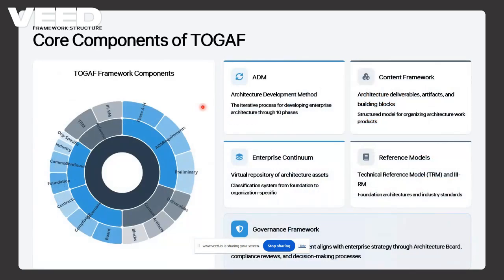Now here are the core components of TOGAF. The core components are the ADM, the content framework, the enterprise continuum and reference models, and the governance framework. In each phase, I am going to give a brief on how the ADM works.